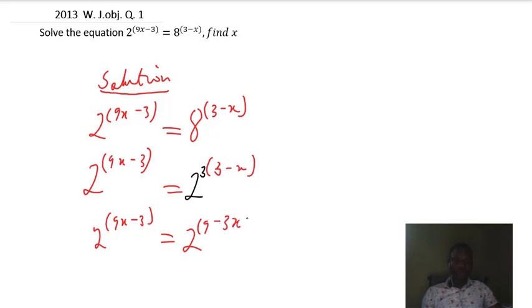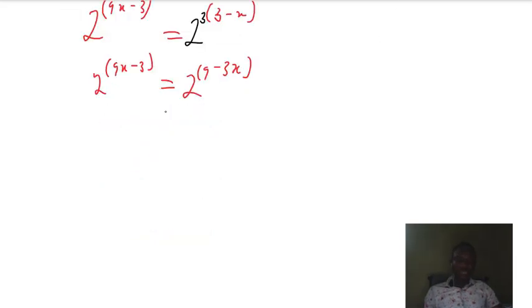Minus 3x. Okay. So because the bases are the same, we have the base here to be 2 and the base here also to be 2. We equate the exponent. So we have 9x minus 3 equal to 9 minus 3x. So let's group like terms.